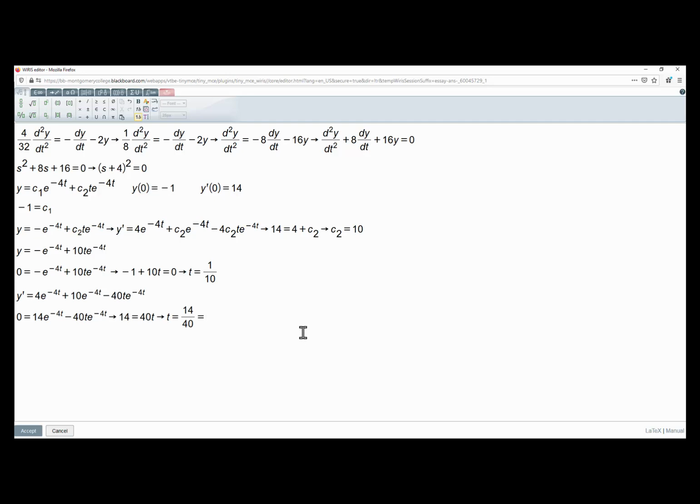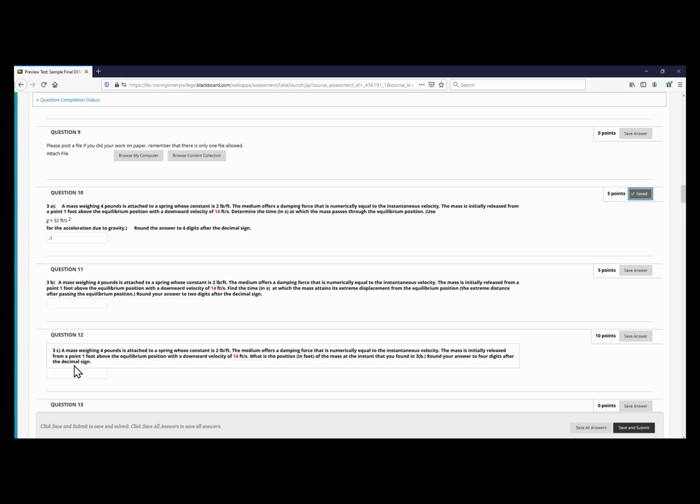It is 7 over 20, right? So that will become how much? 0.35, wouldn't it, right? Okay, so we can enter this as 0.35 here, all right, save it.